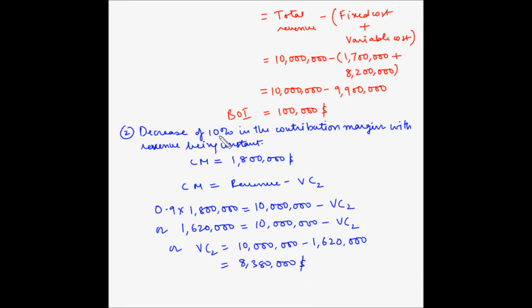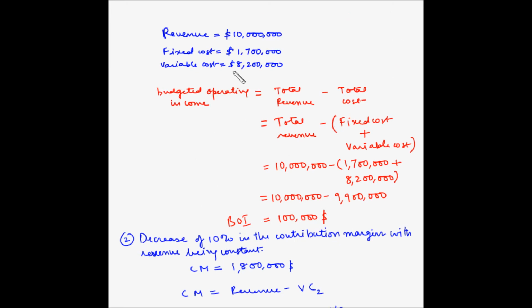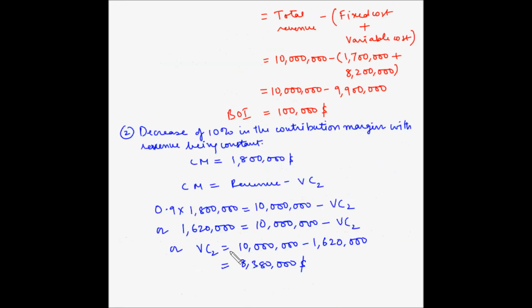So basically what this means is that if we decrease the contribution margin, then the new variable cost is $8.38 million, whereas the original variable cost was $8.2 million. So there is an increase in the variable cost. So let me note this down here.